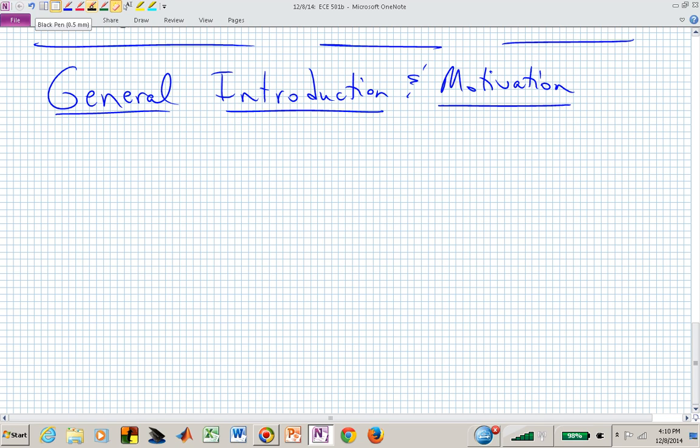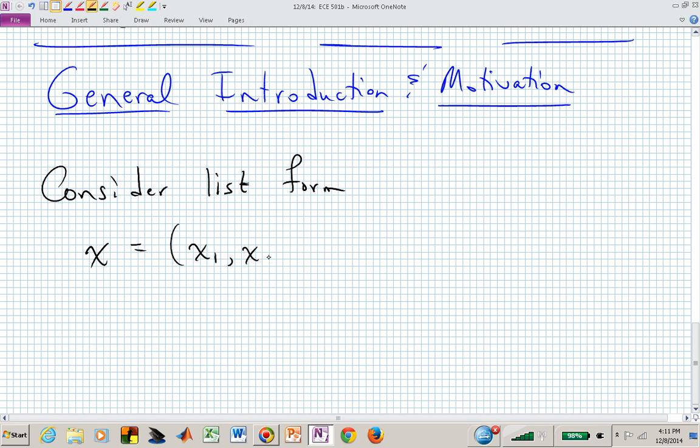Let's take, just for illustration purposes, something that we've been dealing with up to this point, some list of numbers. And you can just think of a list of real numbers. Consider a list in the following form, and we could collapse that entire list into some variable x, but now our list is x sub 1, x sub 2, and so on, made of real numbers. Each coordinate in this vector is some real number.